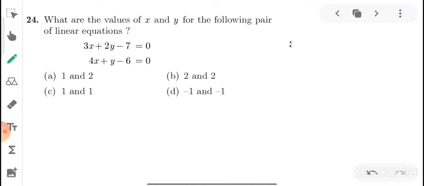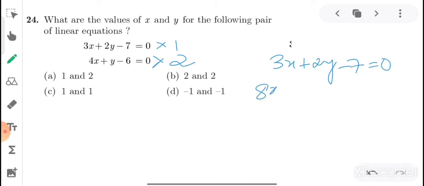These two equations we have to solve, two linear equations, and they can be solved using the elimination method. Just multiply equation 1 by 1 and equation 2 by 2, then we get 3x plus 2y minus 7 equal to 0, and 8x plus 2y minus 12 is equal to 0.